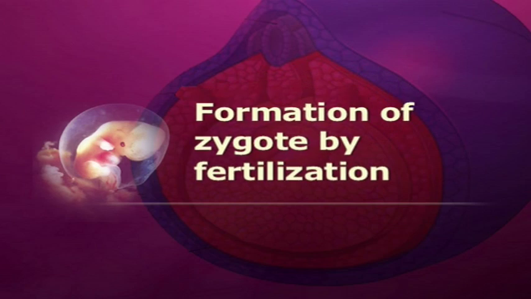A diploblastic organism has only two primary germ layers, namely ectoderm and endoderm, whereas a triploblastic organism has an additional layer called mesoderm. Now let us understand formation of zygote by fertilization.